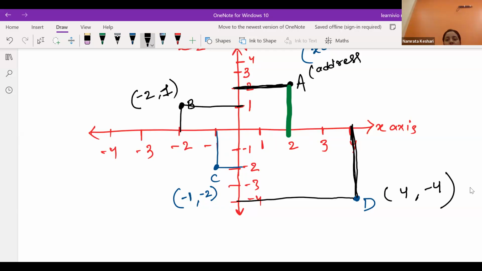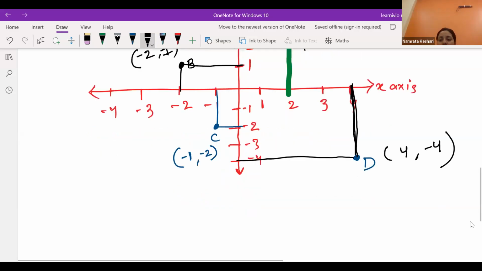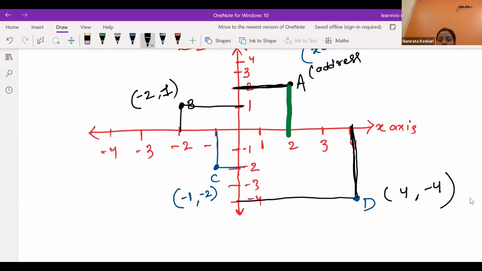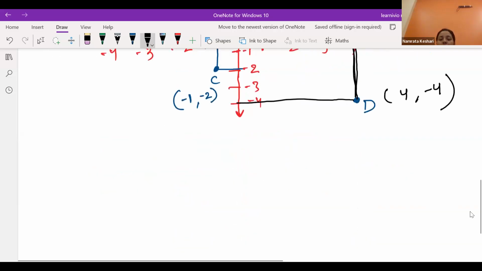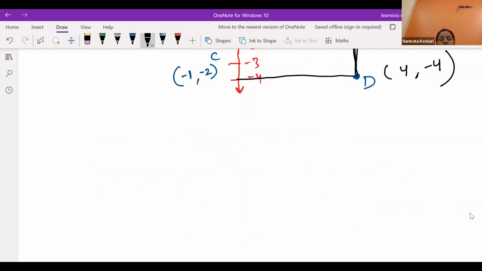Yes, ma'am. Okay, now quickly, so many points I am locating, and let's write the address in each and every scenario. While writing the address, be careful. First you are writing the x coordinate, then you are writing the y coordinate.